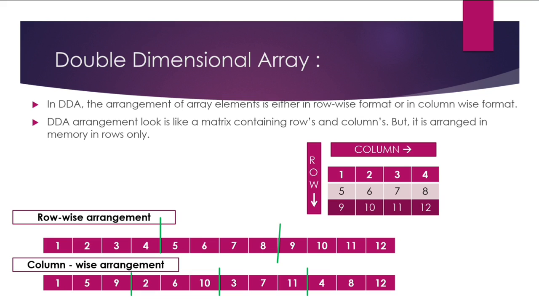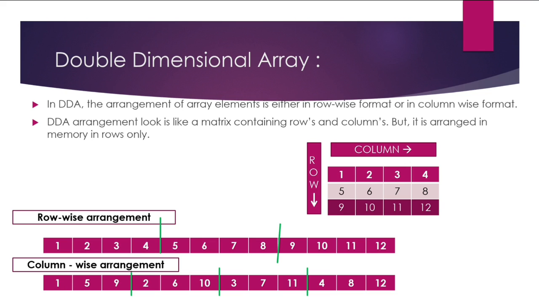Then if I'm talking about columns, we have 4 columns, each a combination of 3 elements. How are we going to store them? See, the first column, 1, 5, 9, is in a single row, the column wise arrangement. Match both the matrix as well as the row.